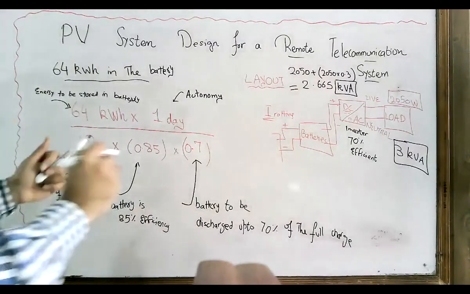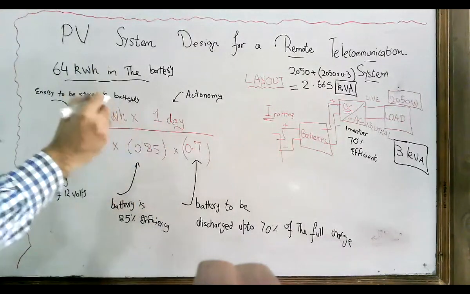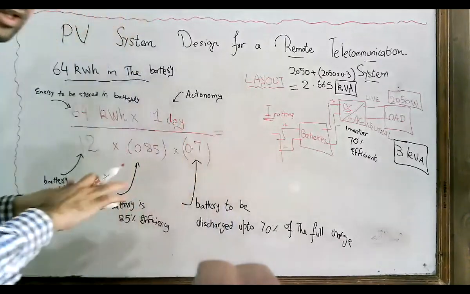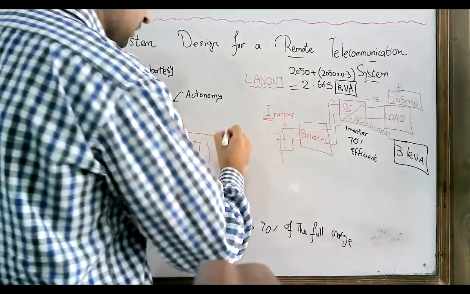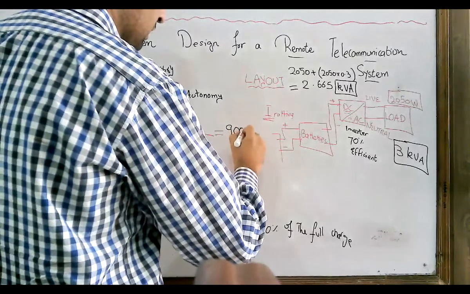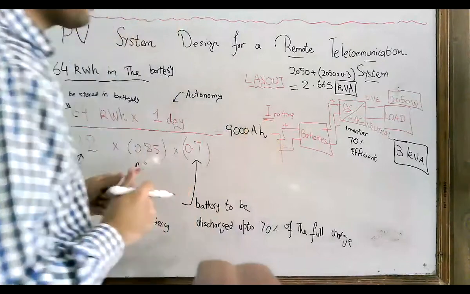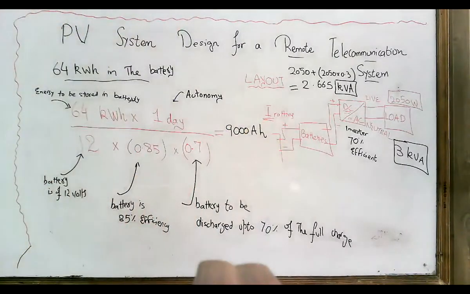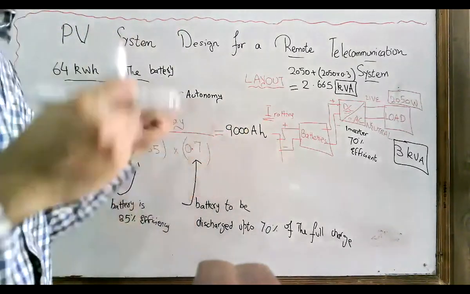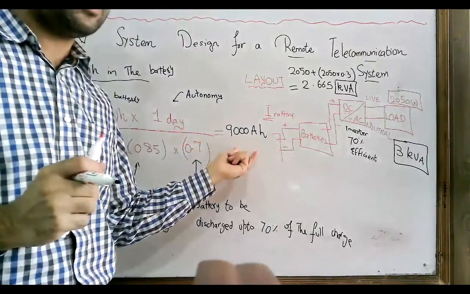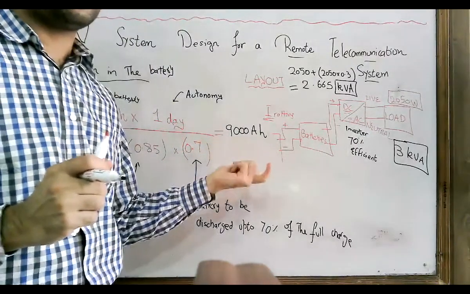Okay, so clear with these terms. So our answer comes out to be 9,000 ampere hour. Have you ever seen a huge battery having a capacity of 9,000 ampere hours?